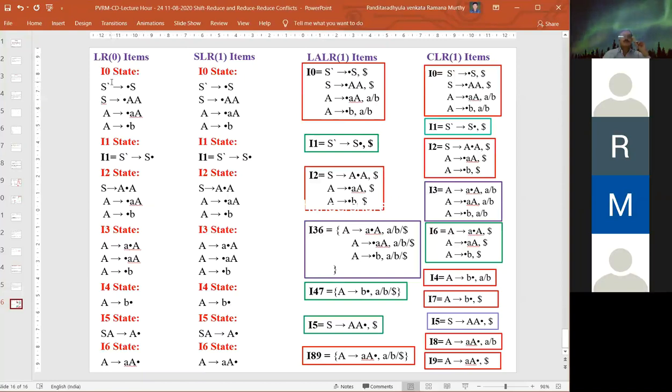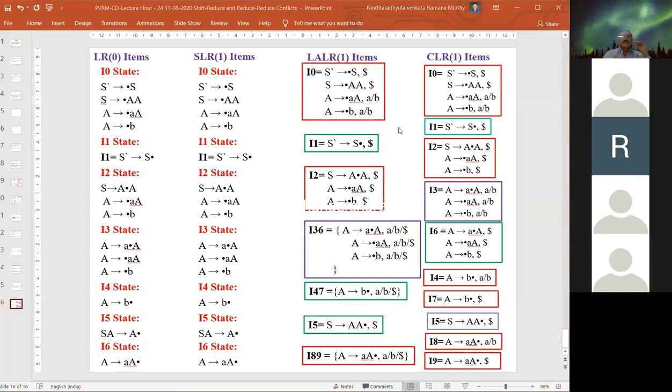The S' production gives the augmented grammar, and we use dot items in the canonical set of items to indicate the next input symbol to be processed. The LR0 states for SLR1 and LR0 are the same.